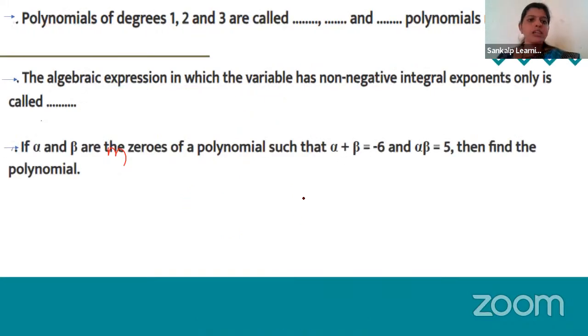Okay. Next. Polynomial of degree 1, 2, 3. This is a very simple question. See, polynomials of degree 1, 2, 3 are called: if the polynomial degree is 1, then it is called linear. Right? If degree 2, then it is called quadratic. If the degree is 3, then we call it cubic.